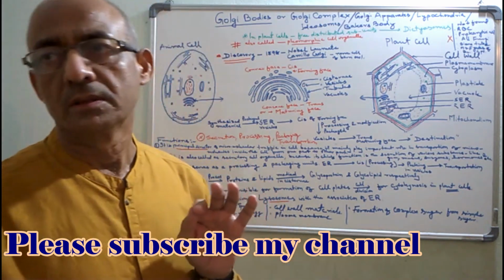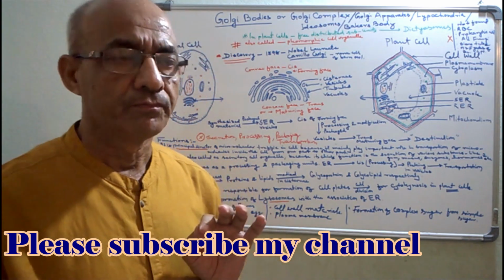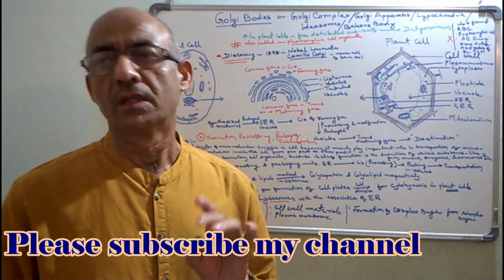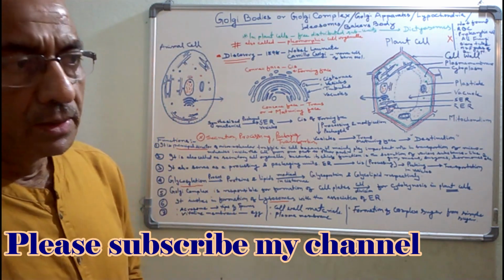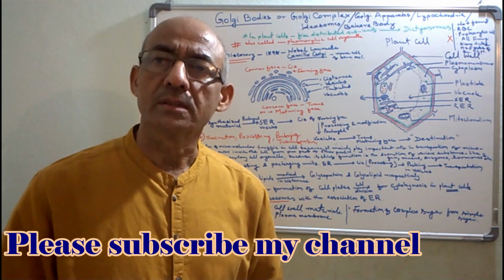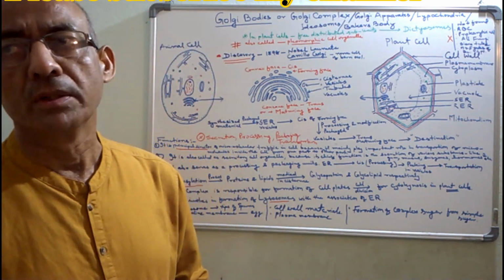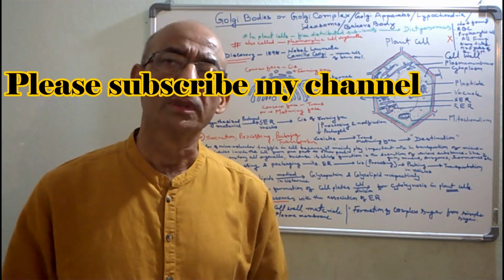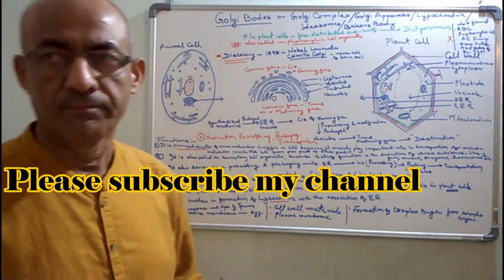First is endoplasmic reticulum, second is Golgi bodies, third is lysosomes. During that session, we completed the discussion on endoplasmic reticulum. Here, we have to discuss Golgi bodies in detail.